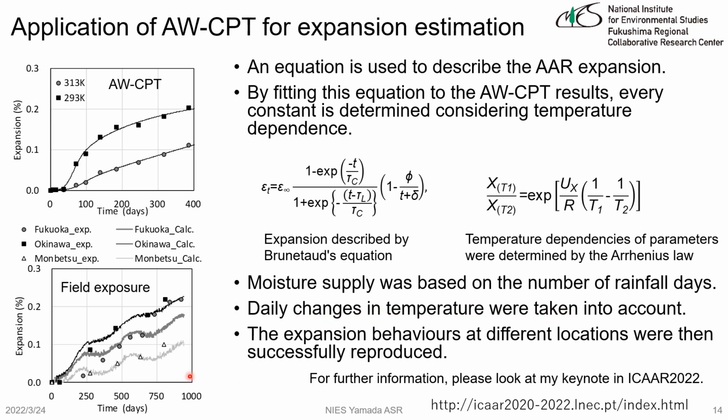And as you can see, the expansion behavior in different places, one the coldest, the warmest and hottest Okinawa, and the middle Fukuoka, we can reproduce the expansion by this equation. So this means, I believe, the alkali-wrapped concrete prism test is reliable enough for the estimation of expansion.